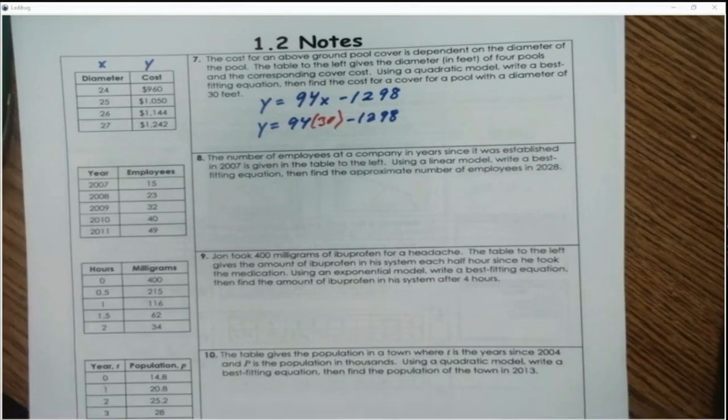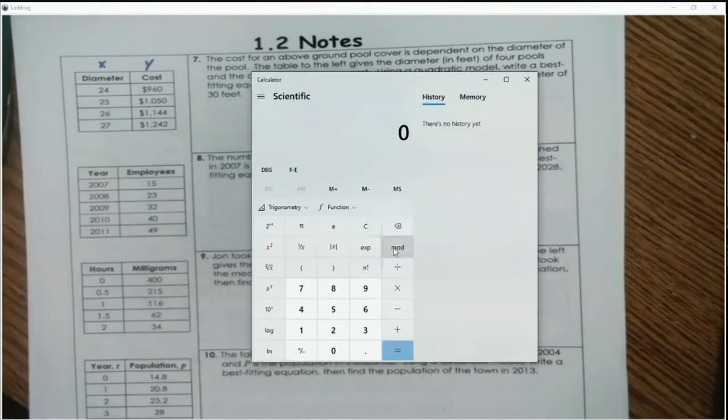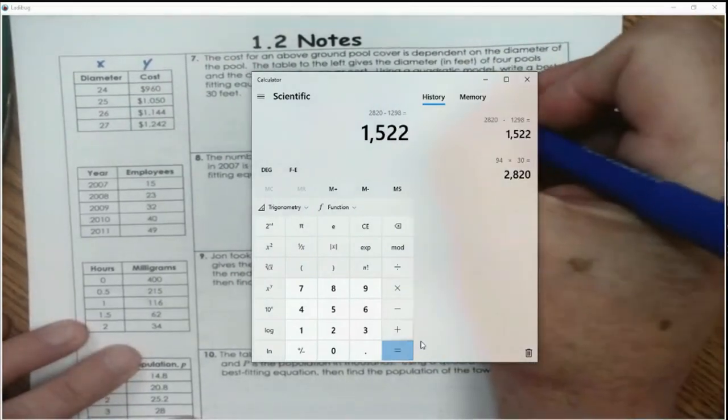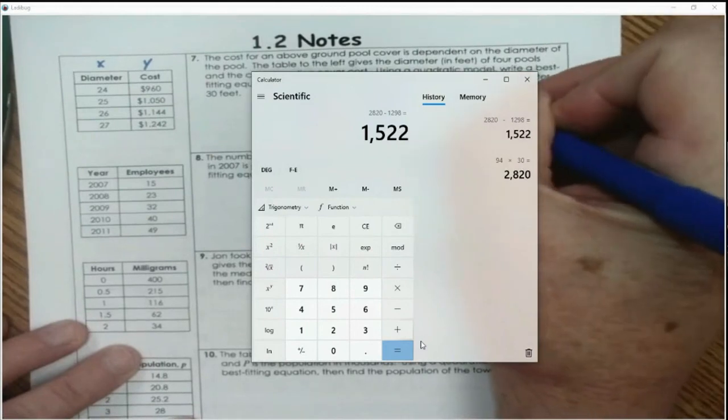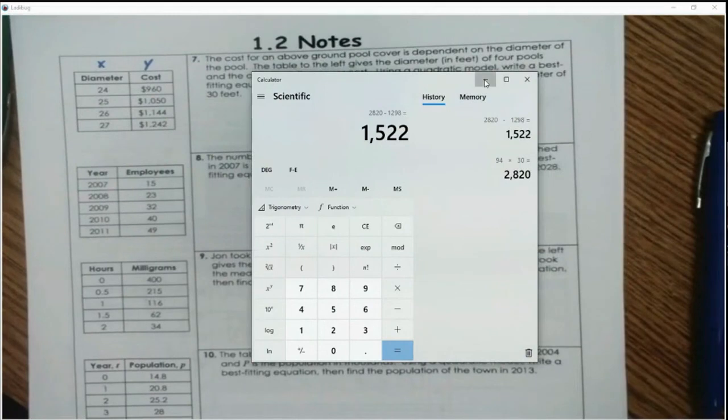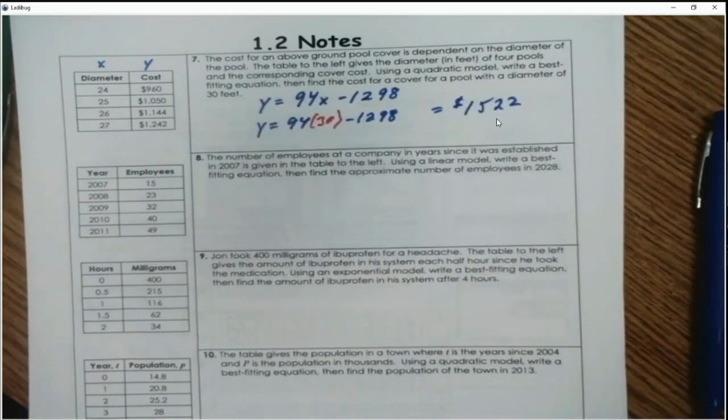So 94 times 30 is 2820, minus 1298. So our cost would be $1,522. $1,522, which looks about right.